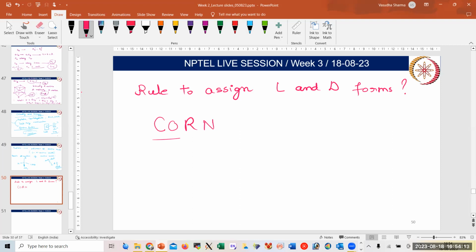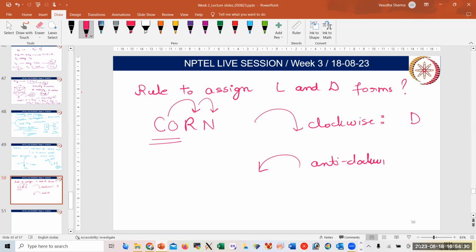From the carboxylate, if you are going to the R group and then to the NH2 group, if it is clockwise, that is a D form. If it is anti-clockwise, then it's an L form.